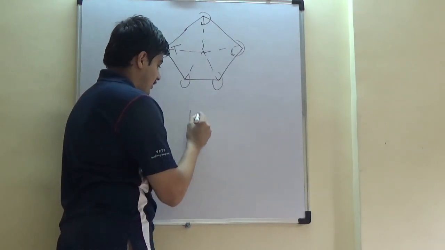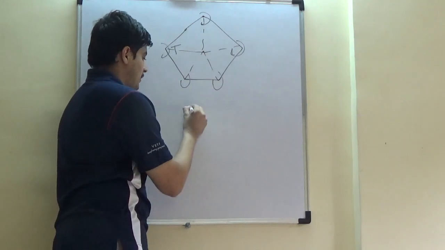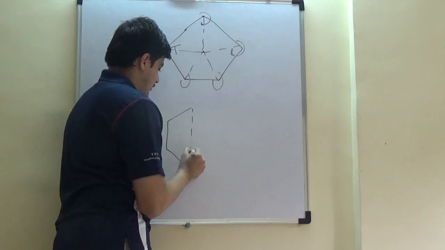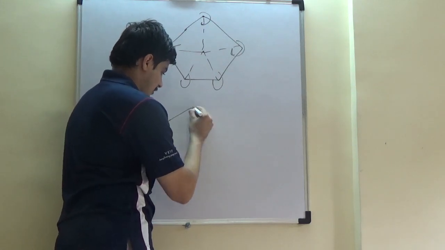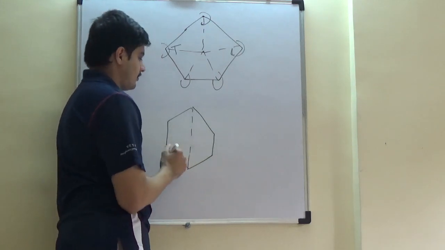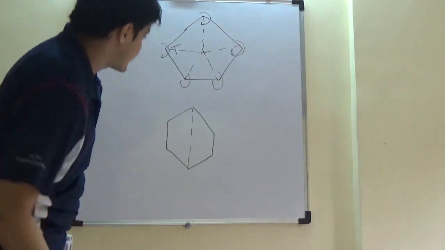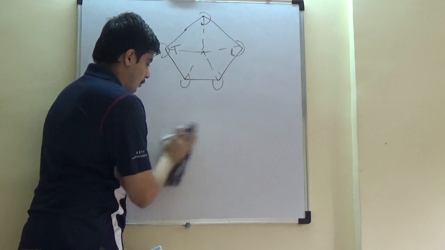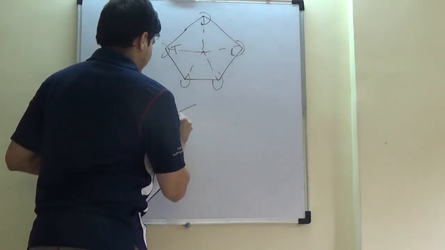So first of all, let's see. I am going to explain this case by geometrical analysis so that you will never forget this in your life. This is 6-sided, so this is a hexagon, right? A 6-sided symmetric, regular shape.